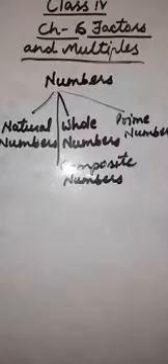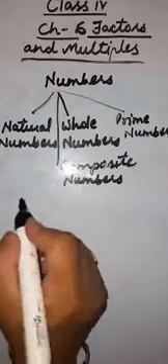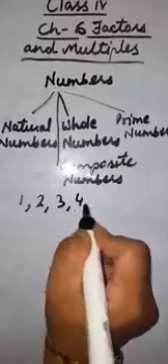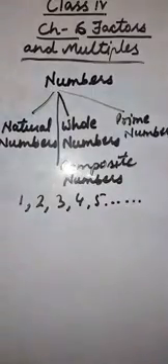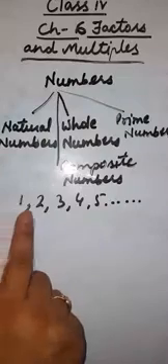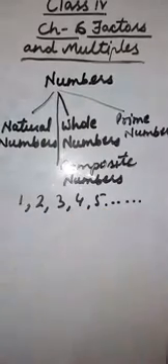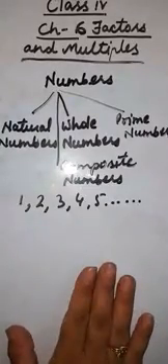Natural, it means that nature which we count, right? So we can say that 1, 2, 3, 4, 5 and so on. So simply we can say counting numbers are known as natural numbers. Right children? Counting numbers, you can count them, 1, 2, 3, 4, 5, 6, 7, 8, 9, 10, 11, 12. So these numbers are known as natural numbers.